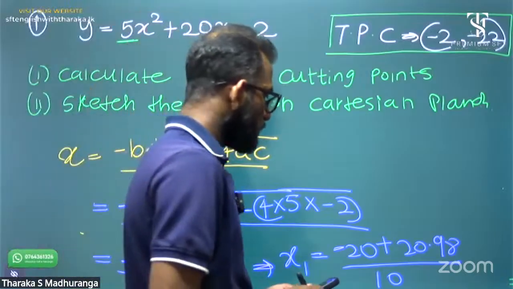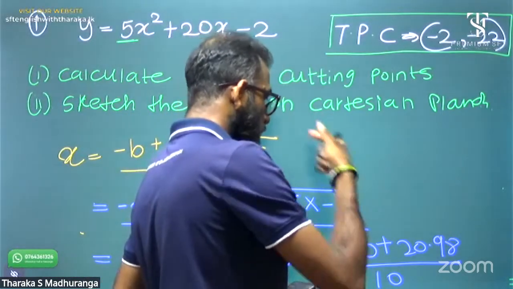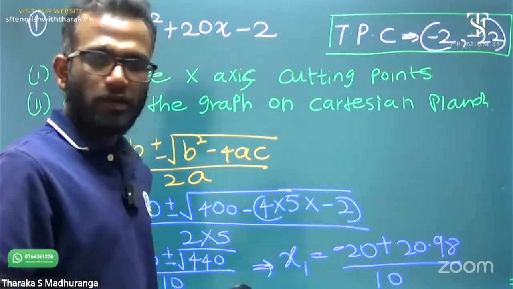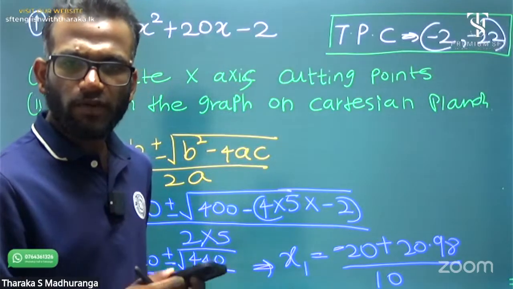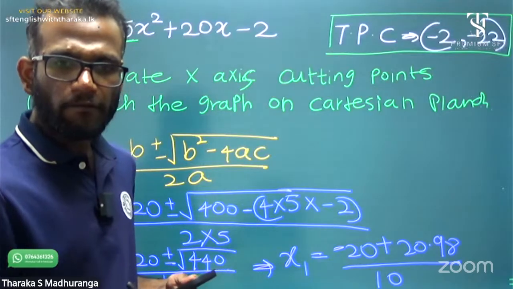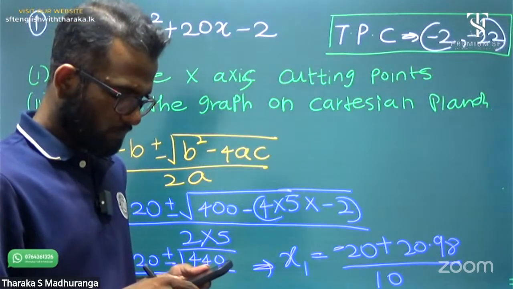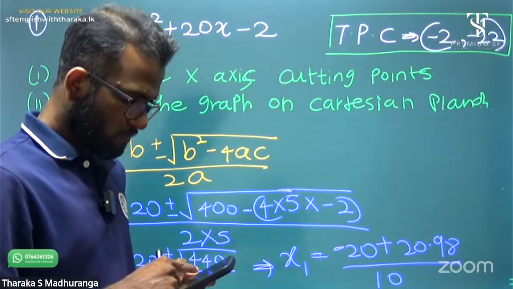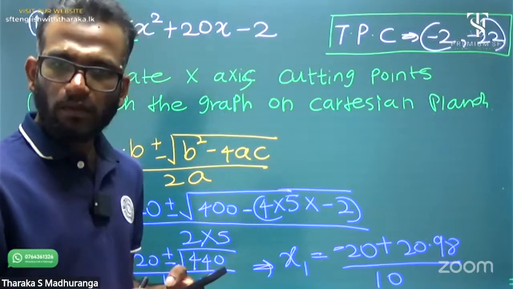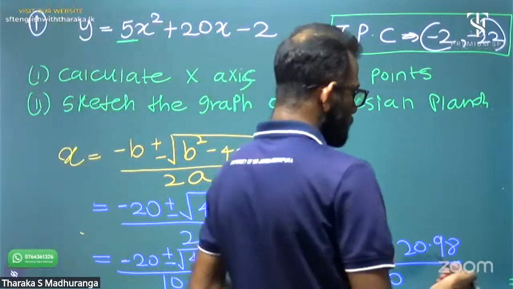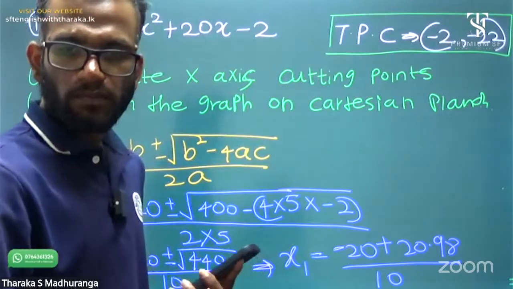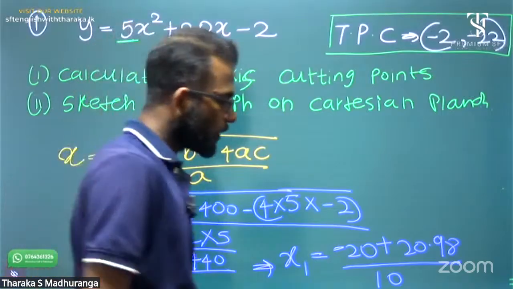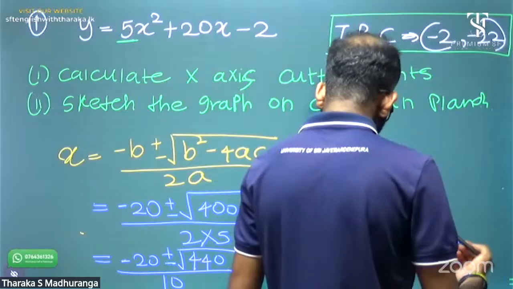Minus 20 plus 20.98 means 0.98, divided by 10, is 0.098. The first x-axis cutting point is 0.098.